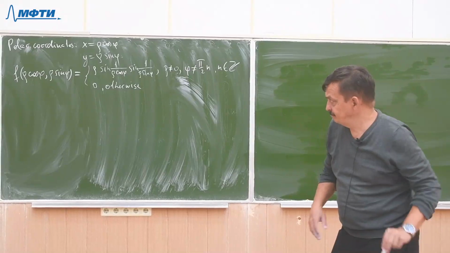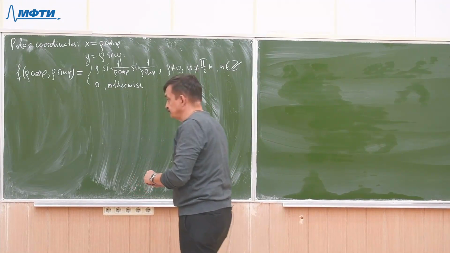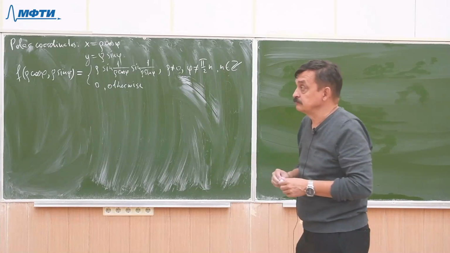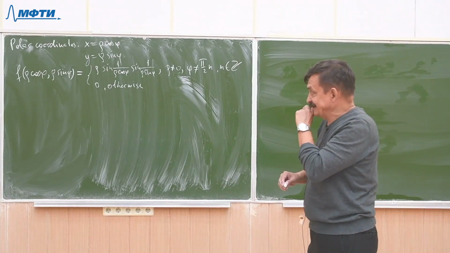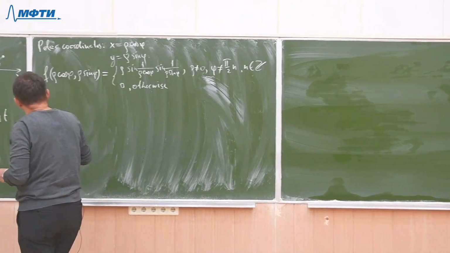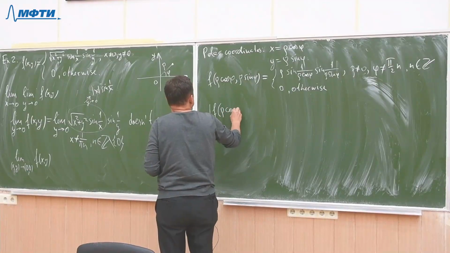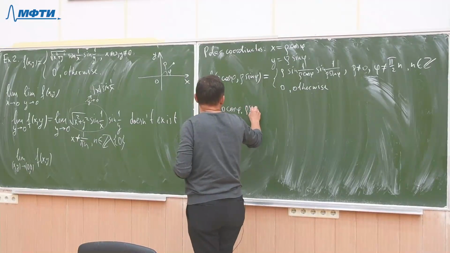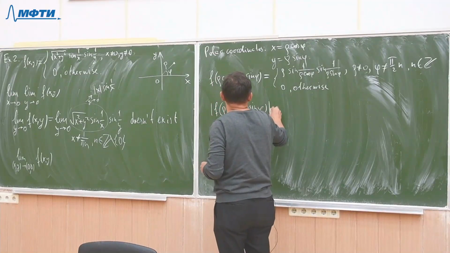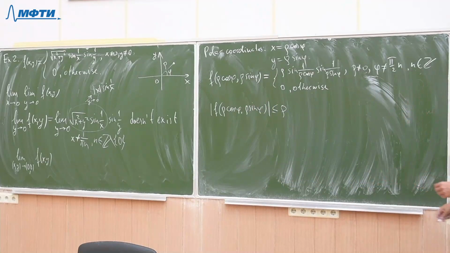Now, let us return to our example. So, you see that we have an estimate which is valid for arbitrary rho and phi.